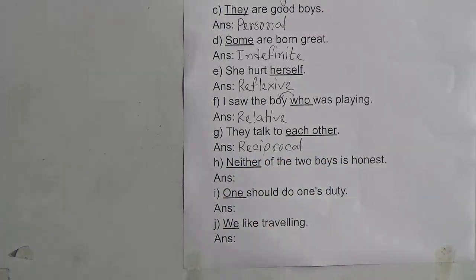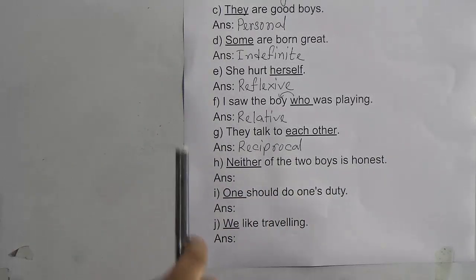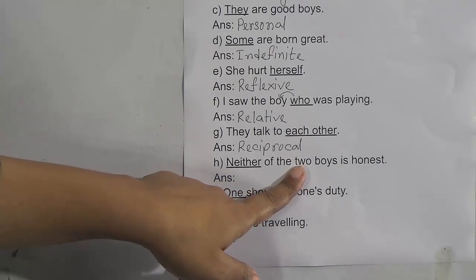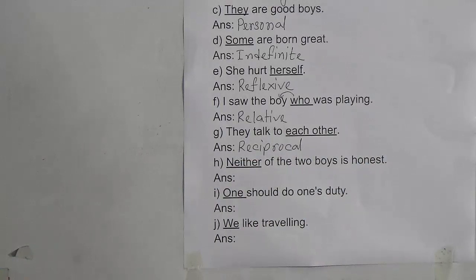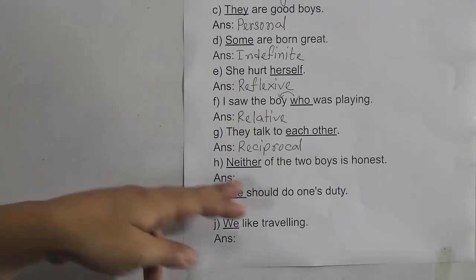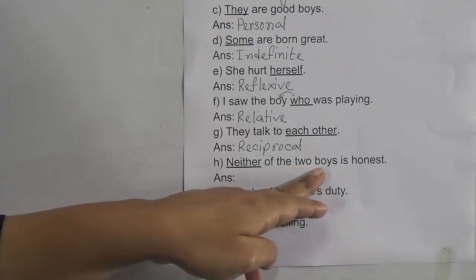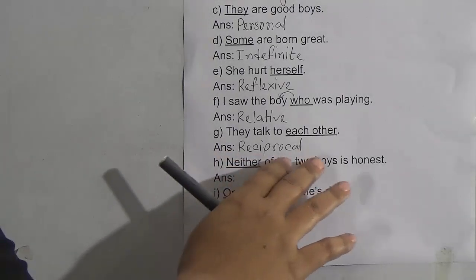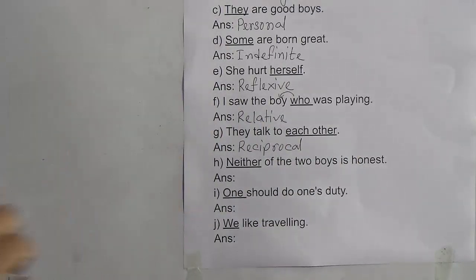Now number H, neither of the two boys is honest. That means neither of these two boys. We can't say accurately which one. We did not separate these two boys from the group of these two people. That means each of them, these two boys are not honest.